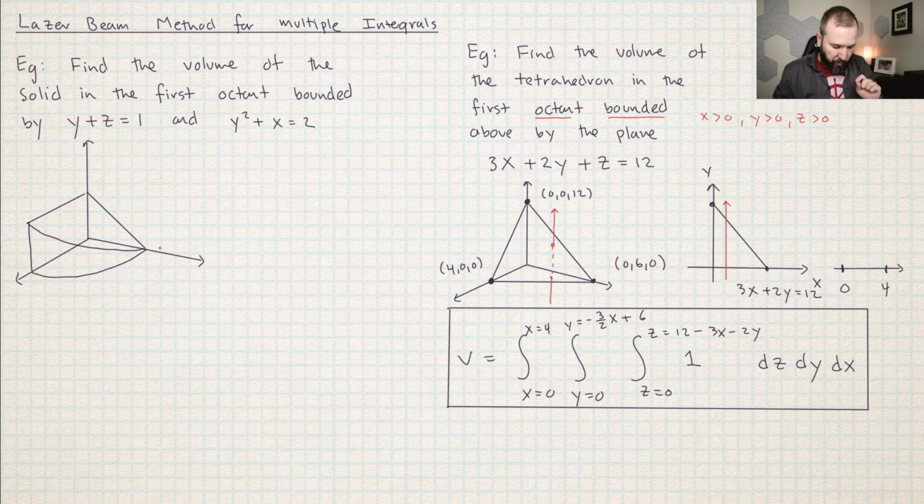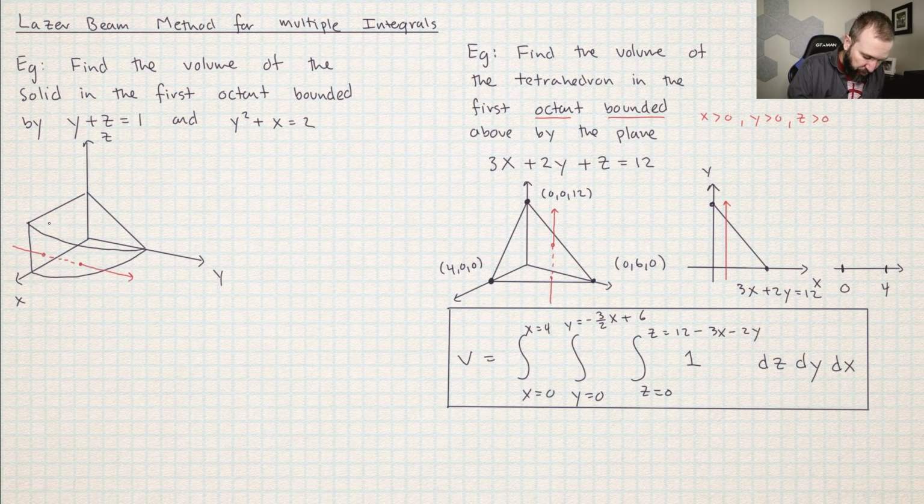And what I want to explain is, in this case, so this is x and this is y and this is z. So in this case, dy is a bad choice. Let me show you. Dy is a bad choice. If you shoot this laser beam right here, then it's going to enter at that plane and then exit at the wall of the cylinder.